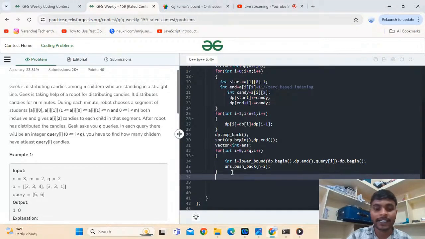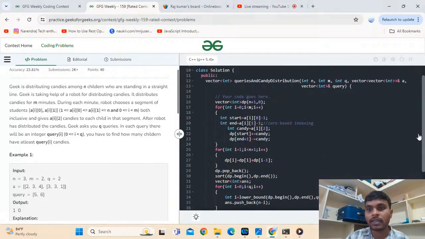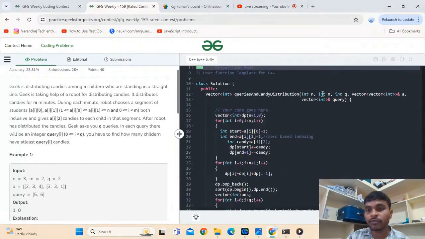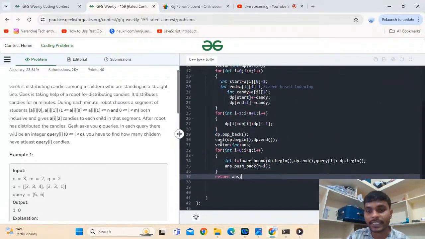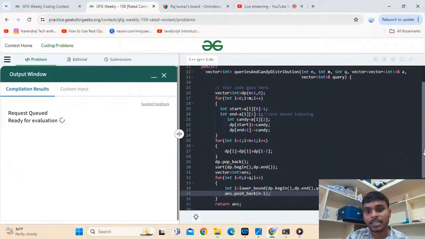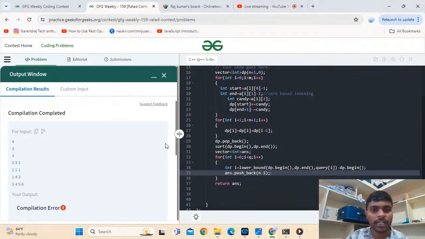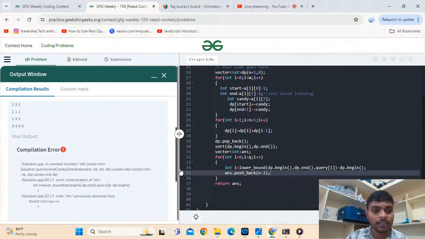Now I am returning my answer. Here n is the total number of children, right? N children. So I have to subtract that, so I will get my final answer. Guys, this question you have to try. This is a somewhat complicated problem. Here I got the error.